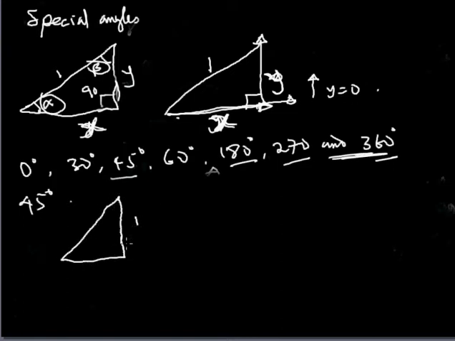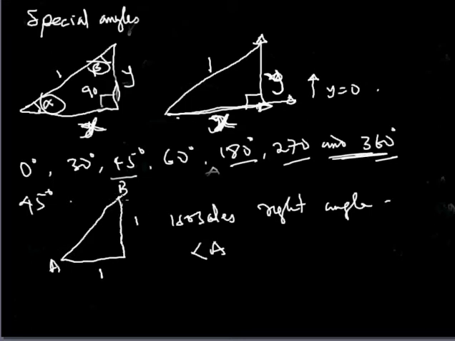Assuming this is 1 and this is 1, this is a right angle, angle A, B, C. We have 45 here, we have 45 here, and this is 90. Remember complementary angles. So angle A is equal to angle B, which is equal to 45 degrees.